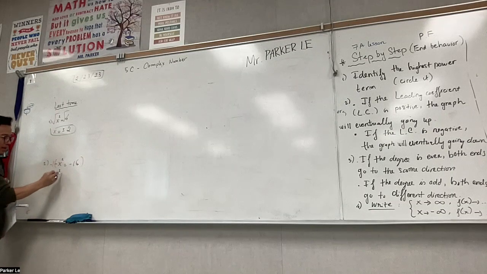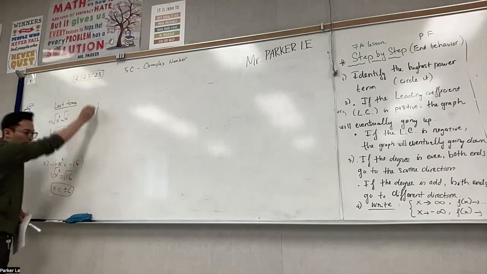So I have x squared equal to what? -1 times -16 is positive 16. Now what next? Taking the square root. That's 4. So x is plus minus 4. That's what we learned last time.